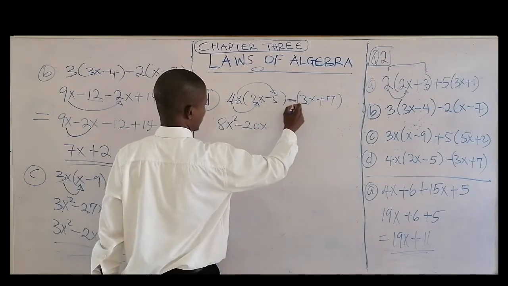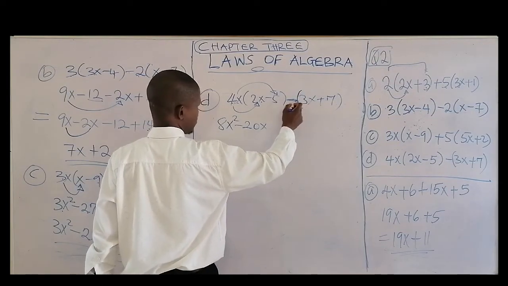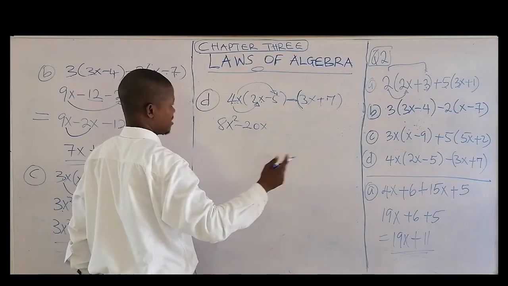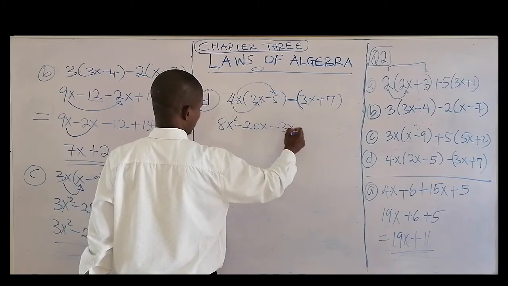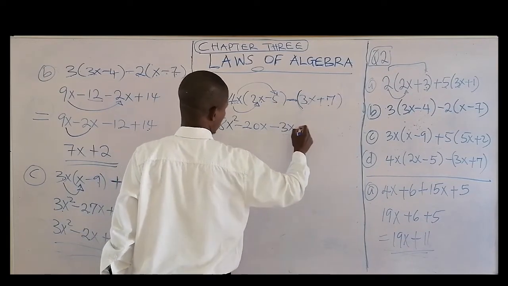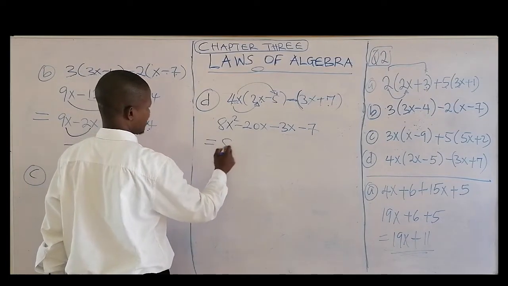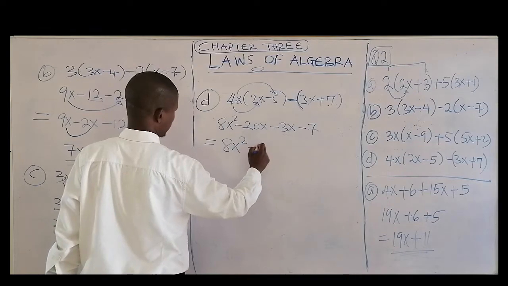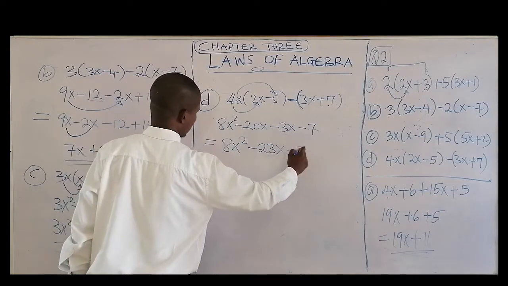Then we have minus before the brackets, so this minus is now going to spread inside the brackets. This one times this one, that's minus 3x. This one times this one, minus 7. Okay, so we now have 8x squared, this one minus this one, that's minus 23x, minus 7.